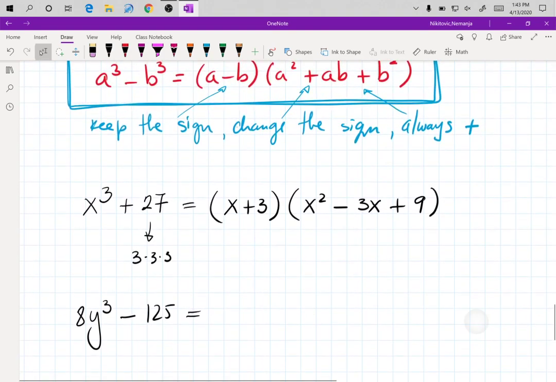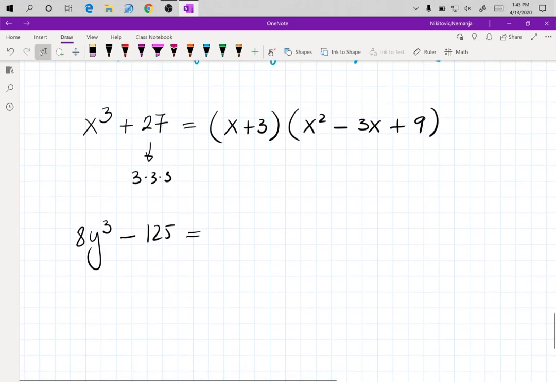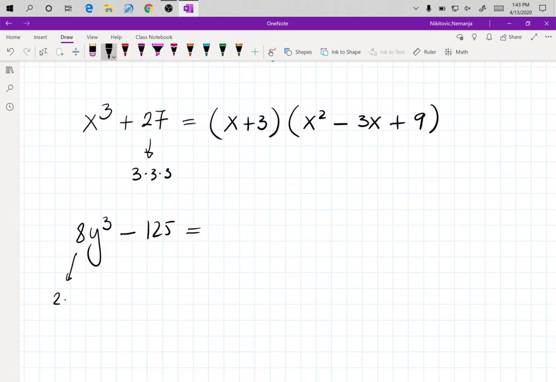We have a formula for the negative, so we are going to use the formula for negative. Okay, so 8 is 2 times 2 times 2, and 125 is 5 times 5 times 5. So we have 2y minus 5 because we keep the sign. Then we square a, so this is your a and b now, right?